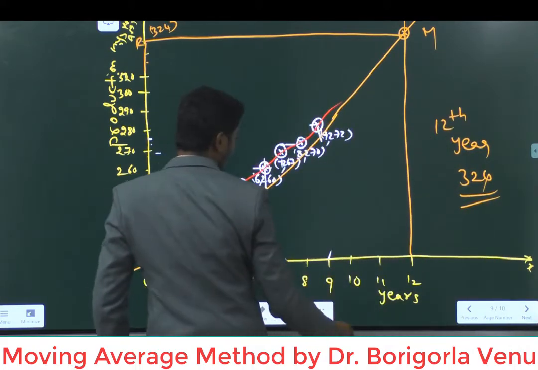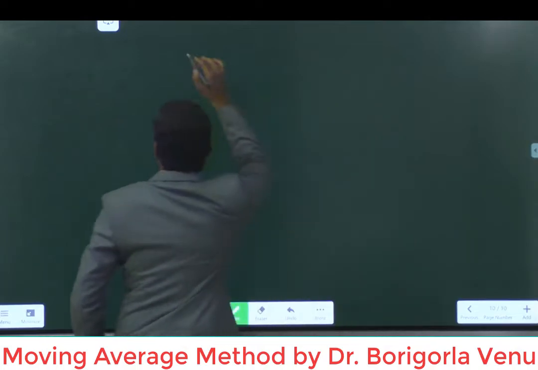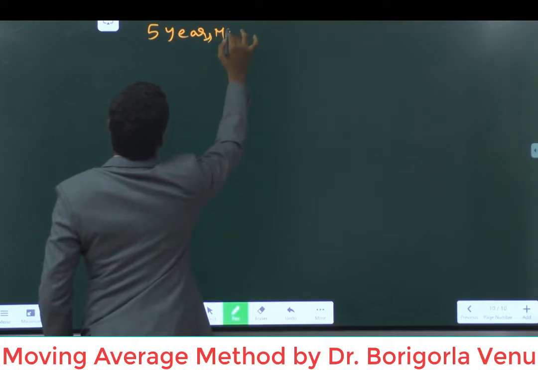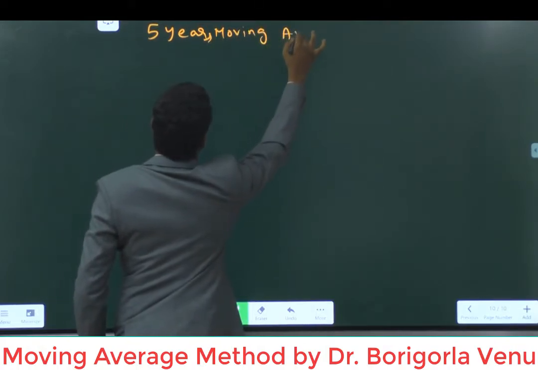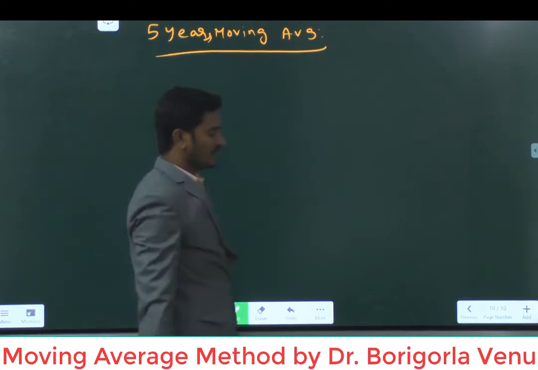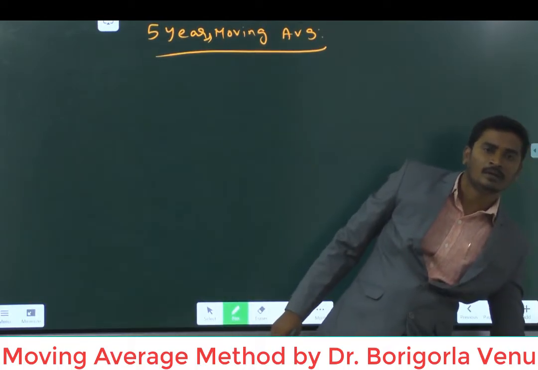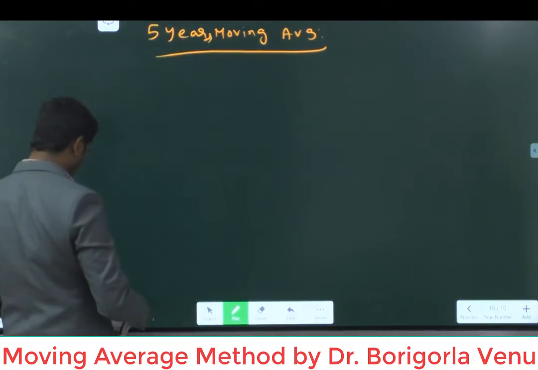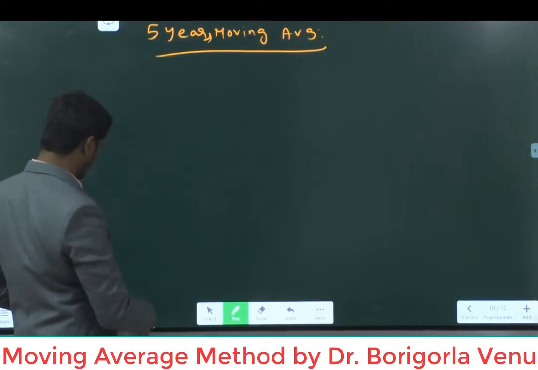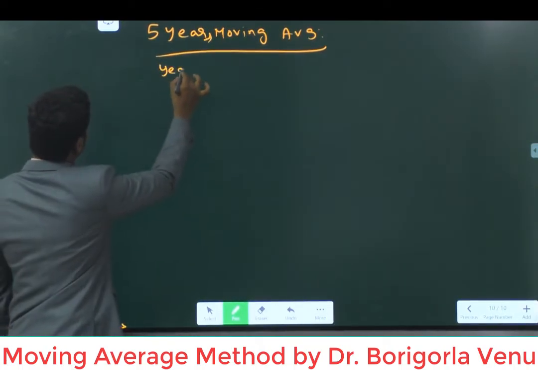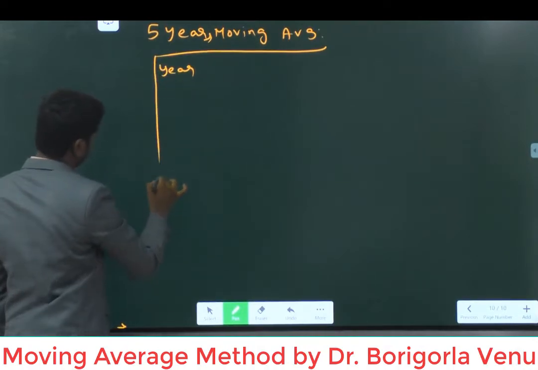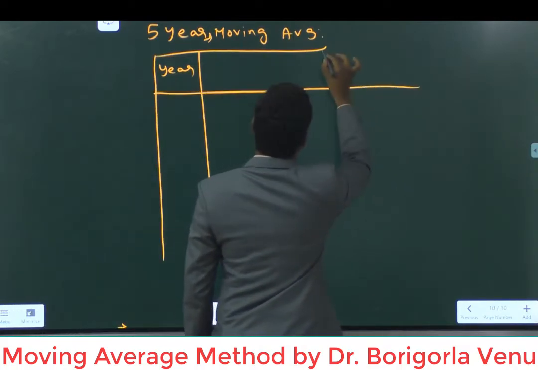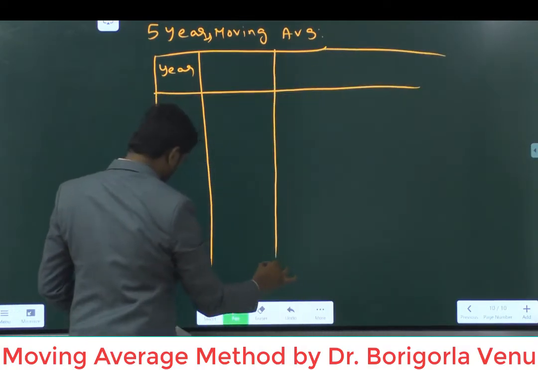Now we are going to solve this by using the 5 years moving average method. Here also we are going to take the data based on the given data. First we are going to take the 5 yearly moving combination. Next we are going to take the production.